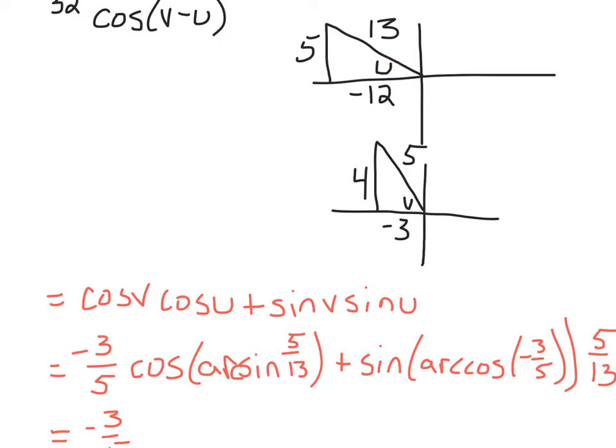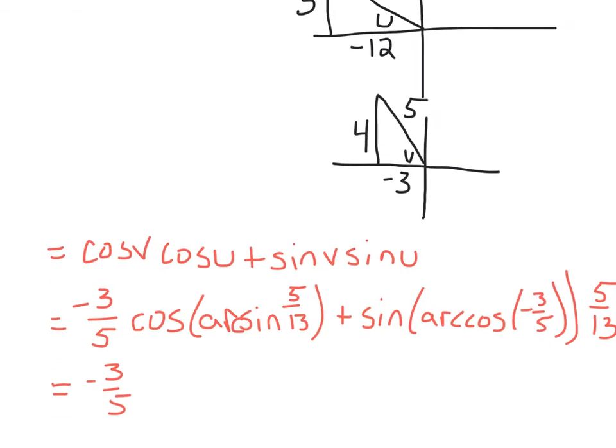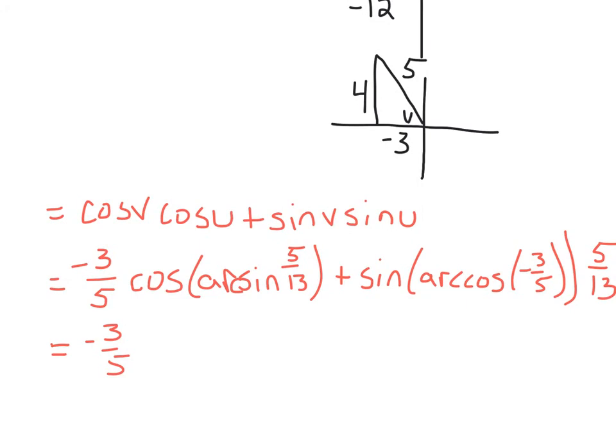That becomes adjacent over hypotenuse, so negative 12 over 13. Plus, we find the sine of this one, so 4 over 5, times 5 over 13. Then we simplify this expression and we get 56 over 65.